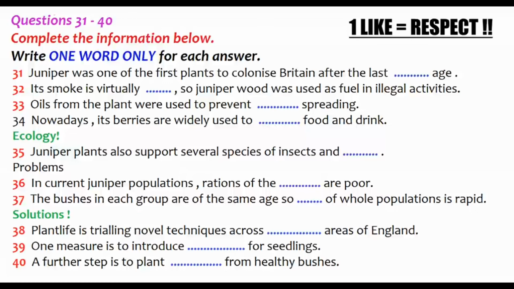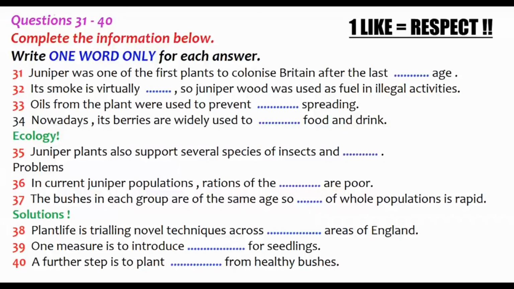It's currently trying out 2 new major salvage techniques, this time focusing on lowland regions of England. The first thing it's trying is to provide shelters for the seedlings in areas where juniper populations are fairly well established. These, of course, are designed to help protect the plants at their most vulnerable stage.